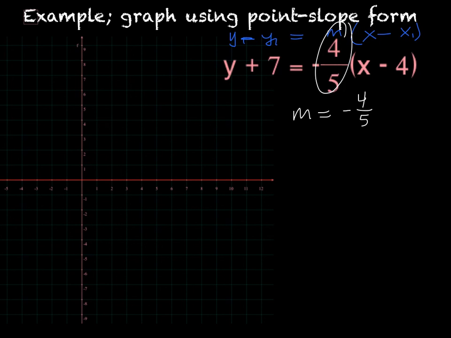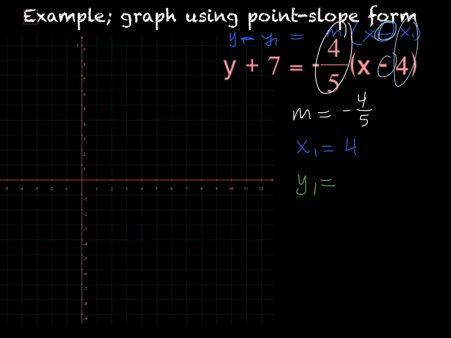Then we have to figure out our x1, which is whatever's matched up with the x. So we check to make sure that everything is negative, and if it's not, we have to think about what we have to do. So those are both negative, so that means x1 equals positive 4. Alright, and now y1.